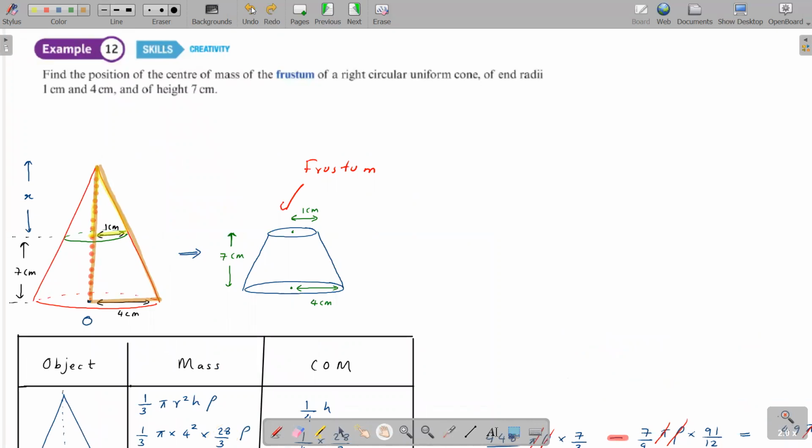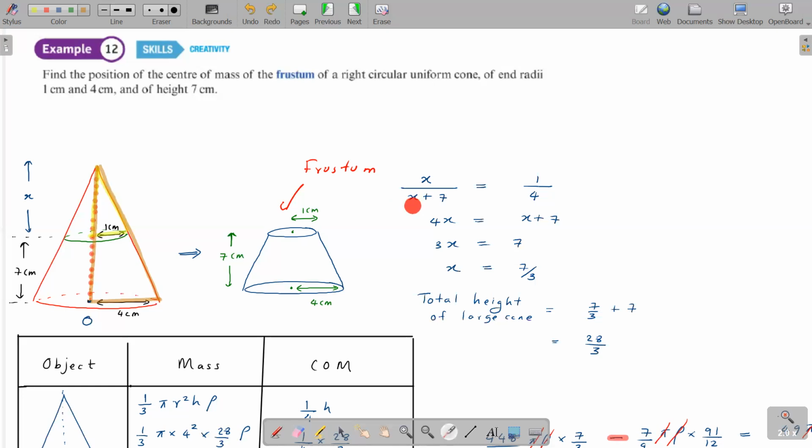Taking a look at what I've done here, I'm taking this large cone and using the technique of similar triangles. Do you recall similar triangles?